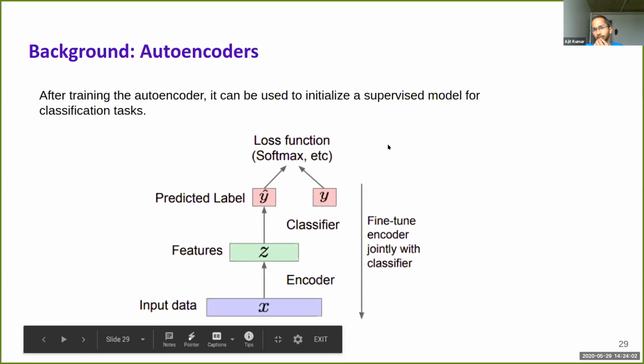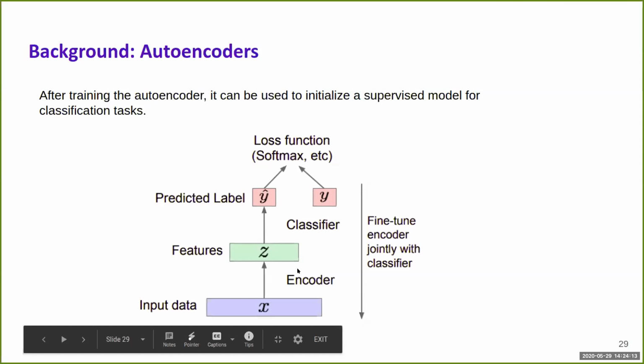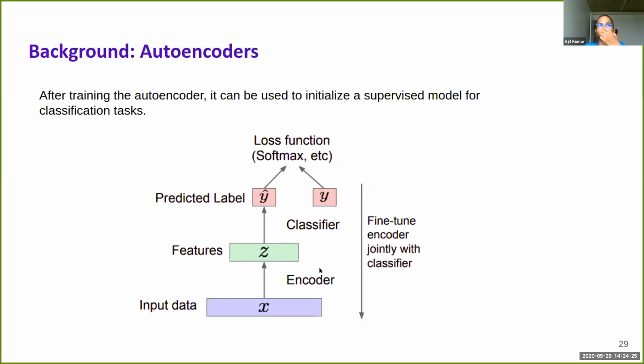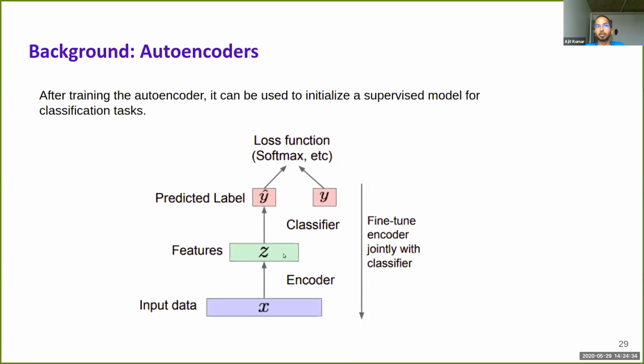Akash, you have a question? Yeah, so this diagram just looks like a general neural network classifier, right? It's just that we've named it as an encoder, but this is what generally happens in a classifier, where we always have a lower dimensional representation and then we have an output layer. So in neural networks, you need not have a lower dimensional representation, but here we are making it a lower dimensional representation so that only the meaningful part of the data is captured.